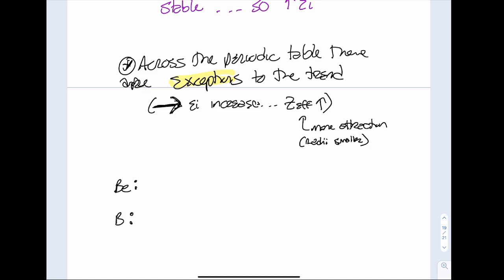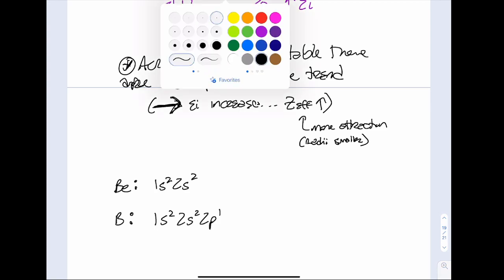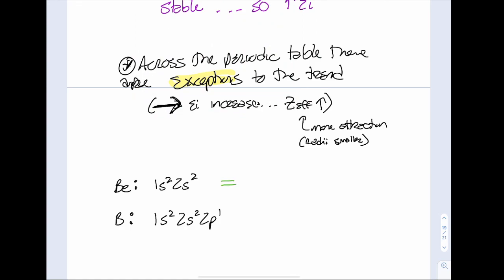So beryllium, if I draw its electron configuration, I have 1s2, 2s2, and then boron, 1s2, 2s2, 2p1. And then remember, for all of these, ionization energy means I'm removing an electron.